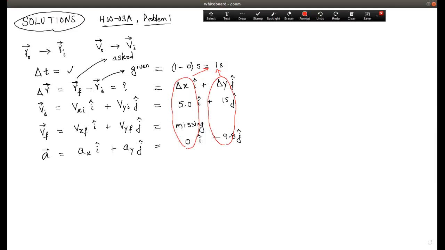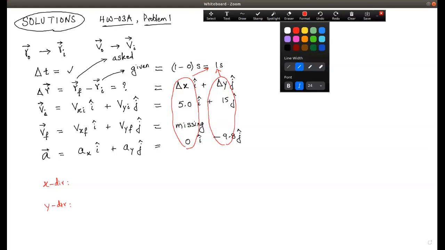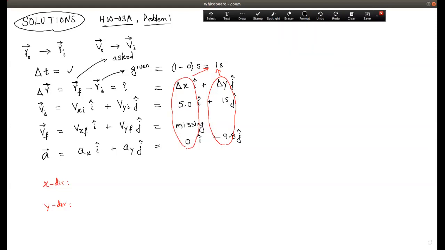One realizes that in the x direction, the motion is happening with uniform velocity because acceleration is equal to 0.